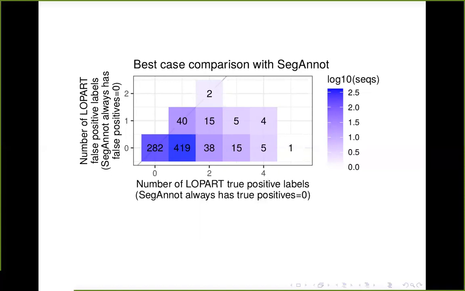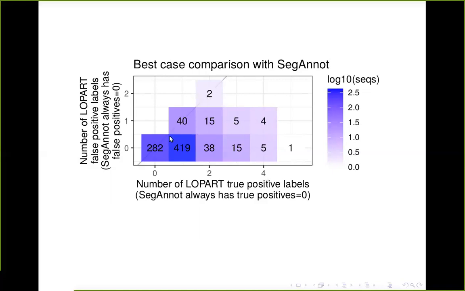So this is a comparison in terms of test errors. This gray line represents the equivalence between the two algorithms. It says that in 282 data sets, there was no difference: no true positives, but also no false positives in both of the algorithms.